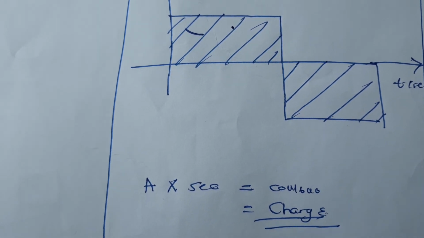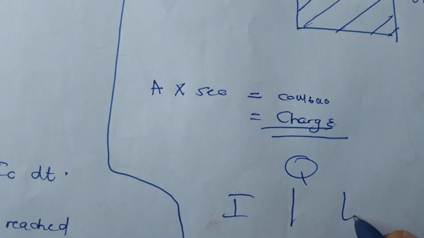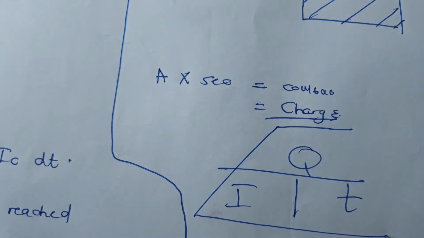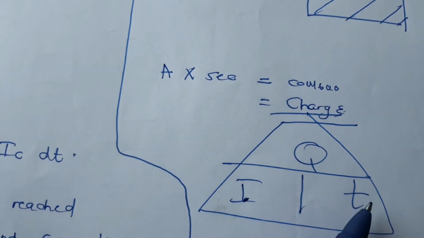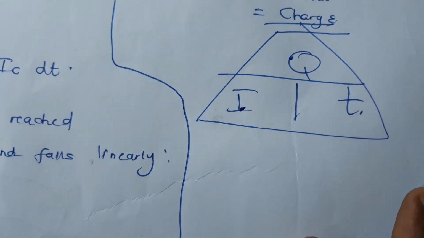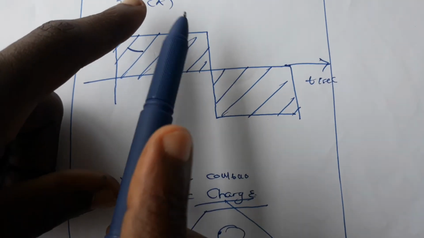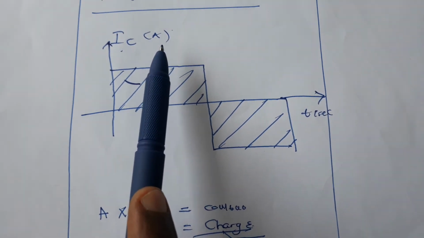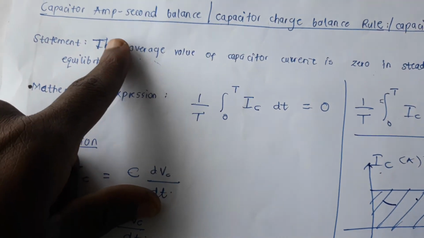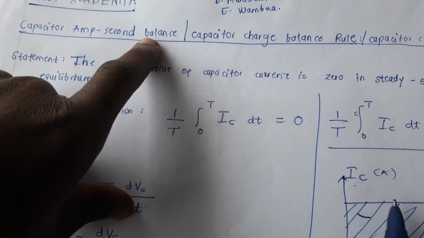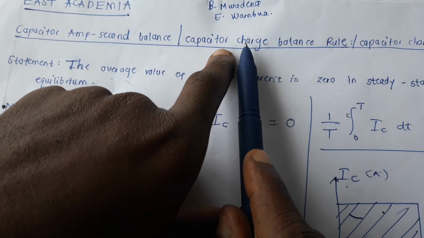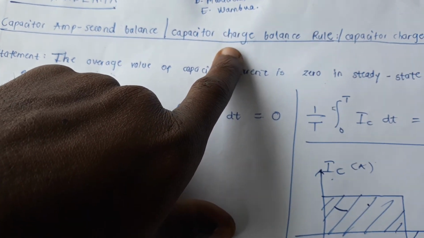So current times time gives us charge. Because of this, it's known as the ampere-second balance, or you can simply say the charge balance rule.